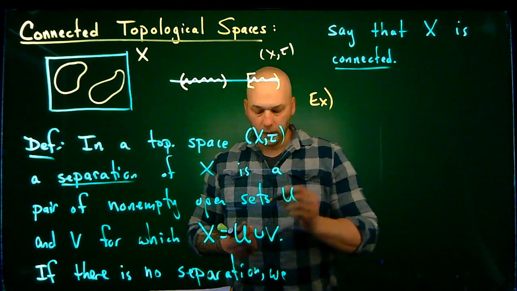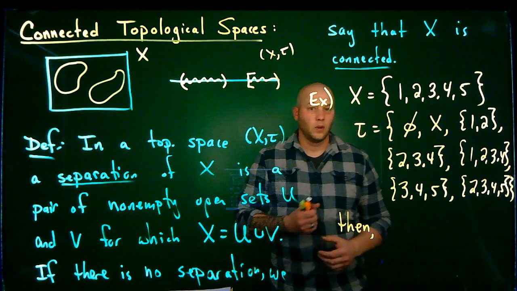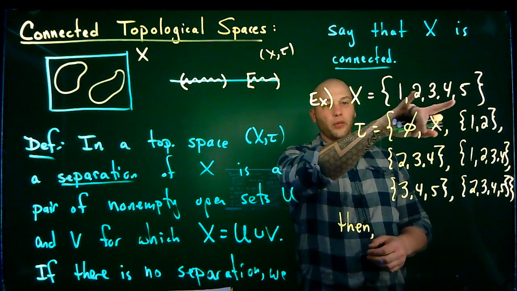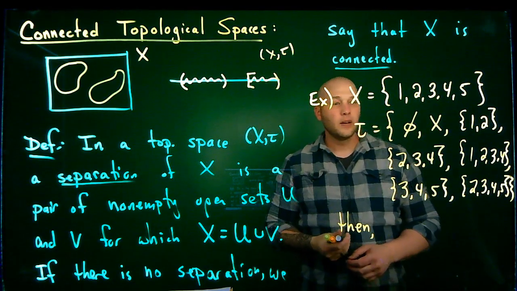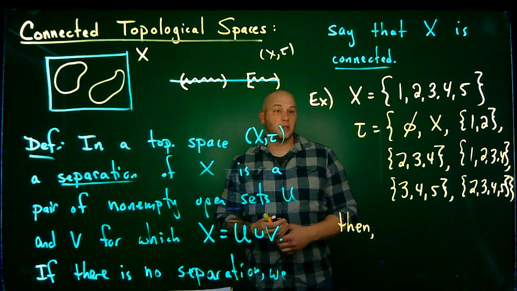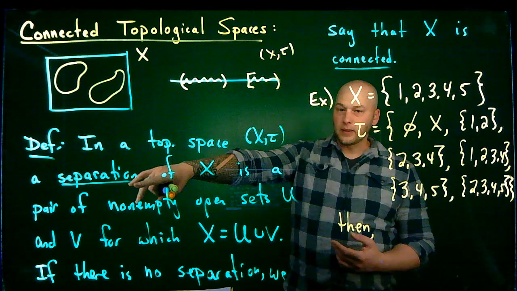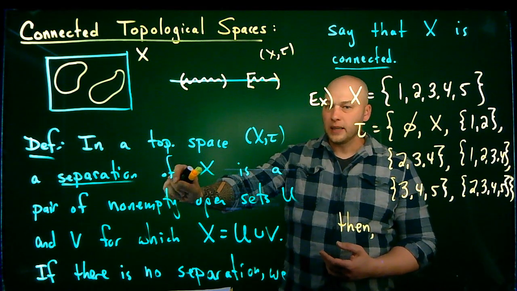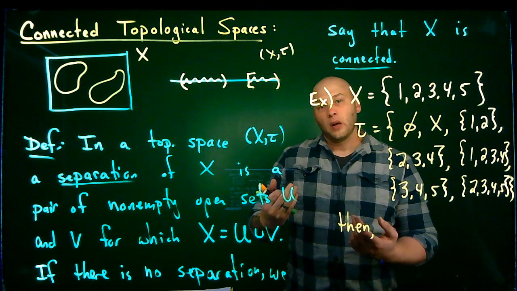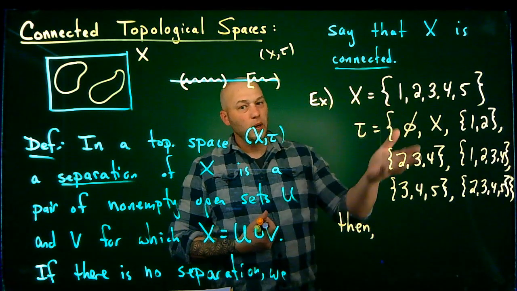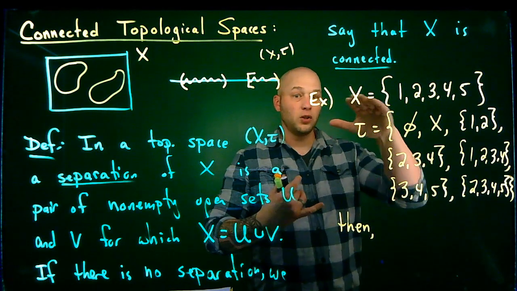Let me go ahead and pause it so I can write this up here. Here's my set X, the integers 1 through 5. My topology is listed here. Let's see if this topological space has some sort of a separation. Remember, a separation is a disjoint union of open sets. In other words, can I come up with two open sets that are disjoint and whose union is all of X?